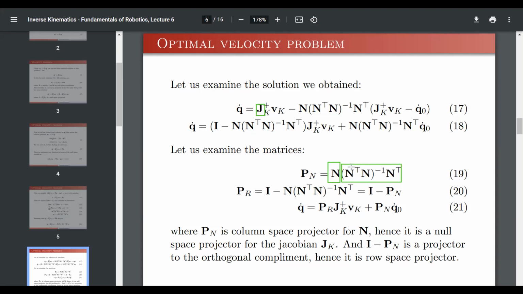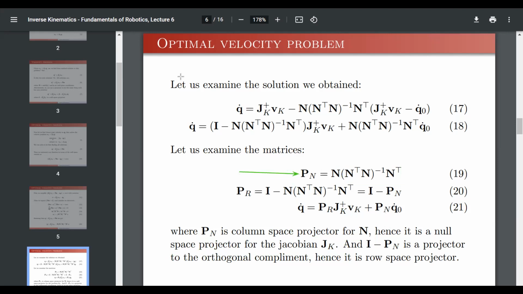Because n is a null space basis of J. And this is a projector onto the columns of n, so onto the null space of J. So n is the column space projector for n, hence it is a null space projector for J. Okay, so this is a null space projector for J.